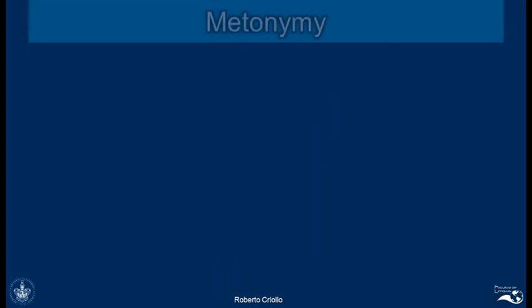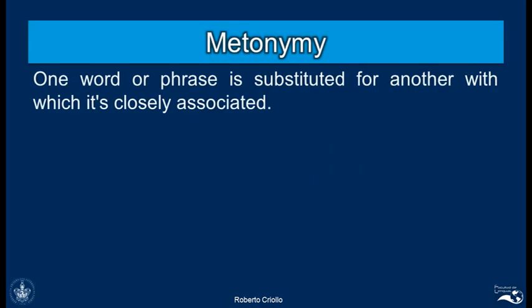Let's close this lesson on the different sense relations that words hold with one another by talking about metonymy. Now, metonymy means that a word or phrase can be substituted for another one with which it is closely associated.